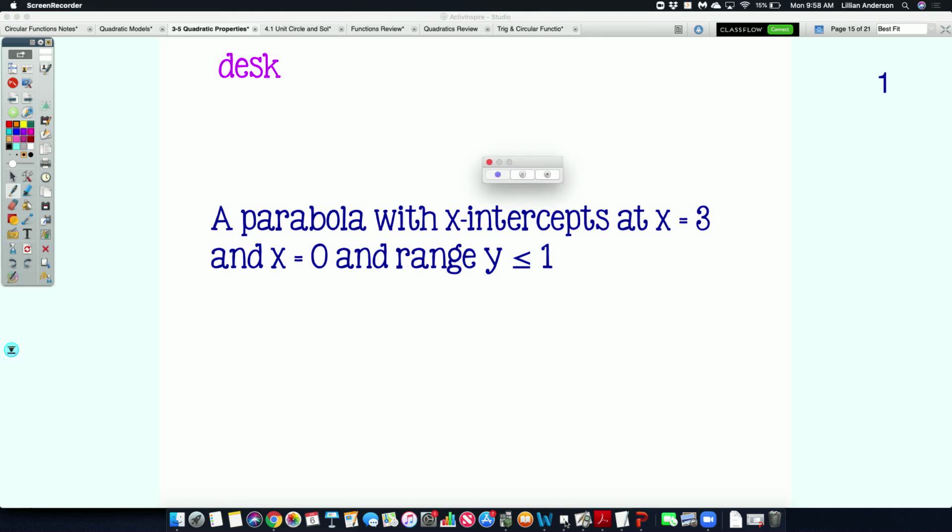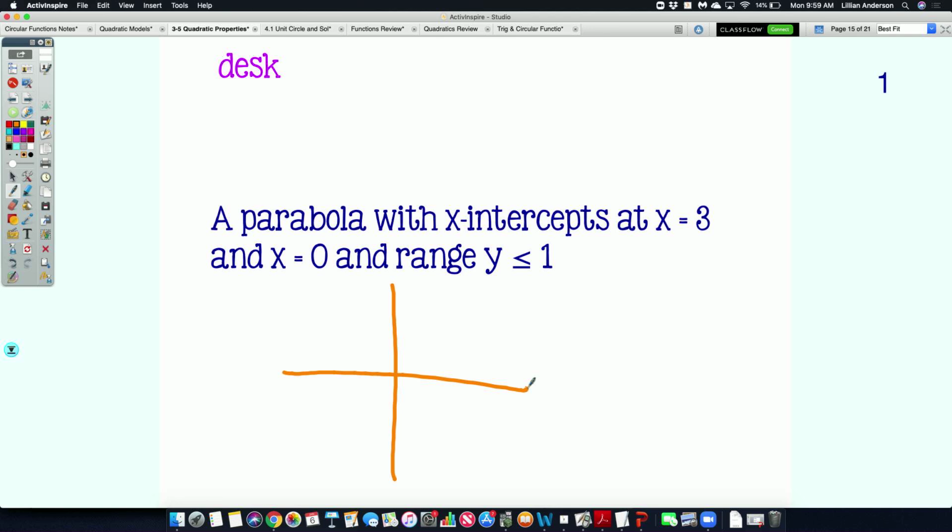Graph this. Does this parabola open up or down? It opens down. It has x-intercepts at 3 and 0, and the range is less than or equal to 1, right? Now, that represents basically my y-coordinate, my vertex. Where's my x-coordinate? 1.5. Because remember, these are your x-intercepts. Your axis of symmetry is halfway between them.